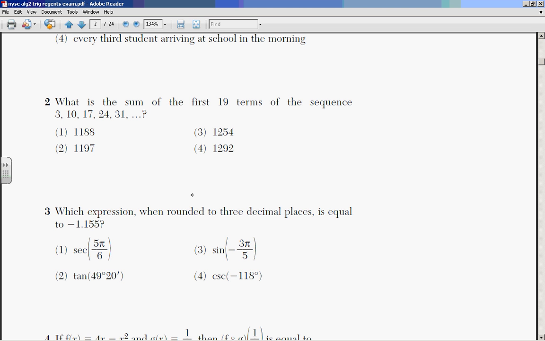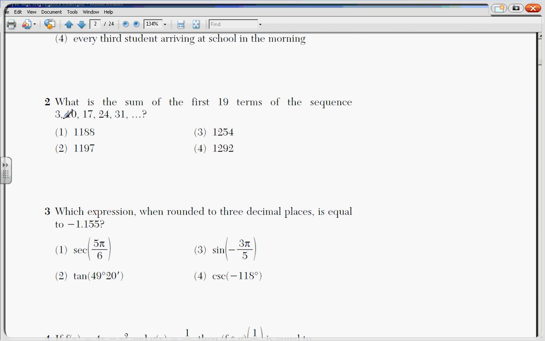Is it arithmetic or geometric? If you keep adding, it's arithmetic. If you keep multiplying, it's geometric. From 3 to 10, you can either multiply this by 10 over 3 or you add 7. If you multiply 3 by 10 over 3, you get 10. If you multiply 10 by 10 over 3, you get 100 over 3, but that's not this. So that clearly shows it's not geometric.